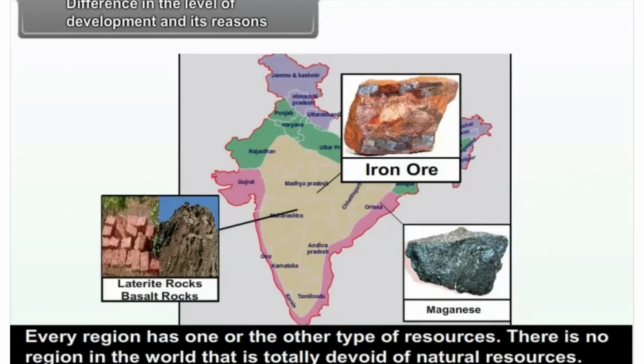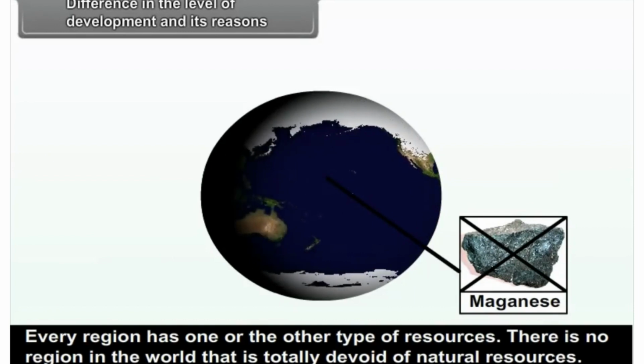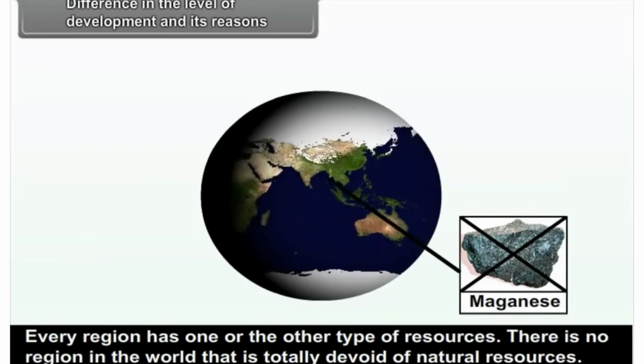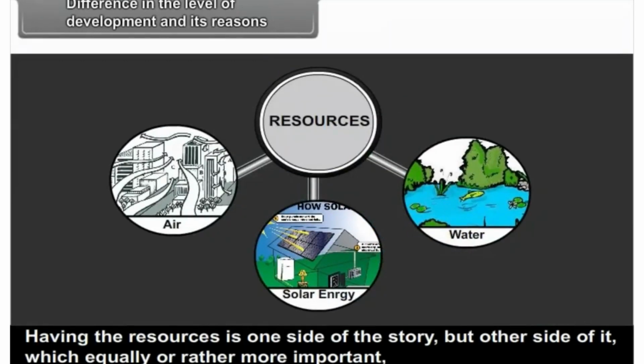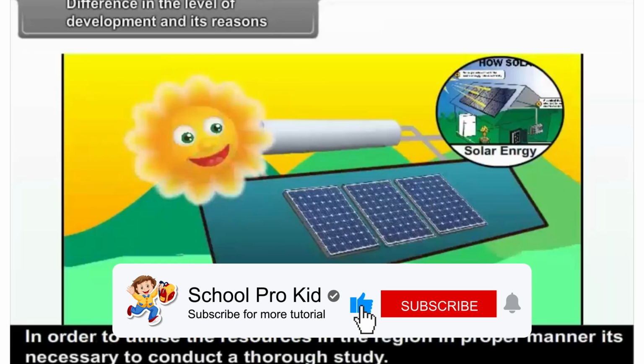Every region has one or other type of resources. There is no region in the world that is totally devoid of natural resources. Having the resources is one side of the story, but the other side of it, which is equally or rather more important, is utilizing these resources.